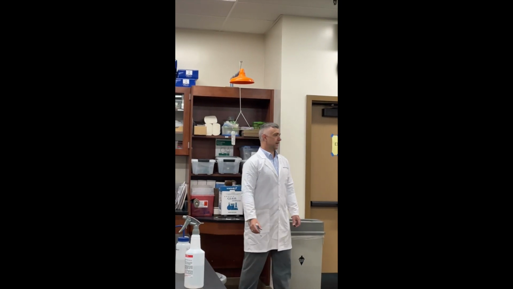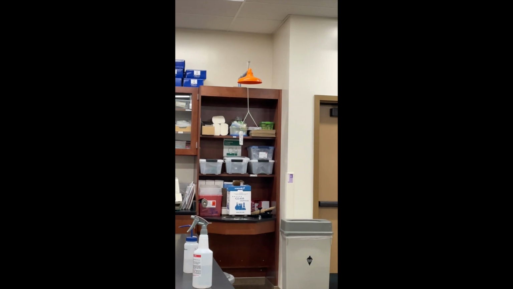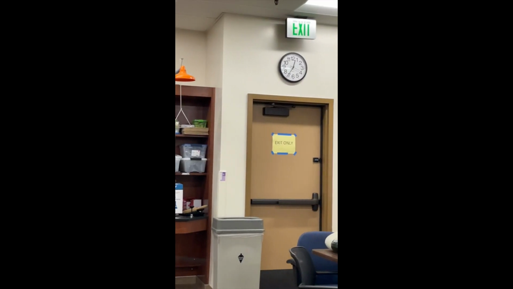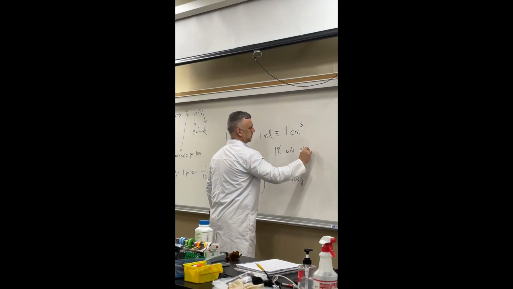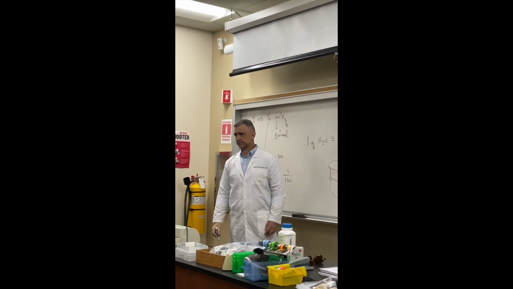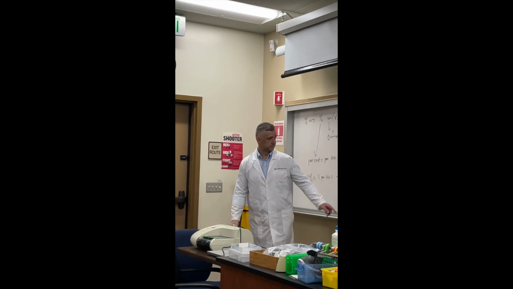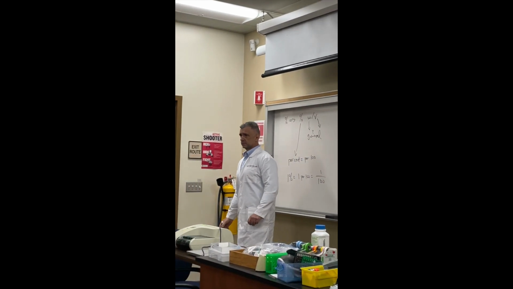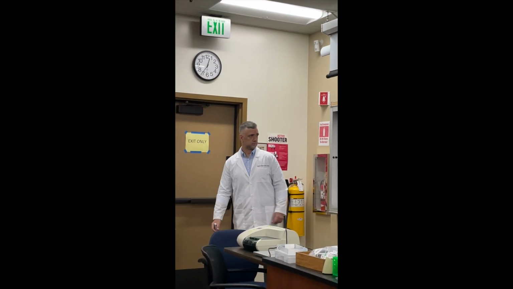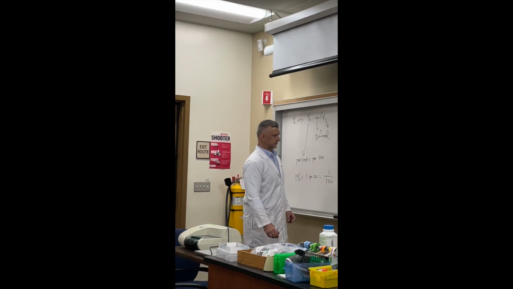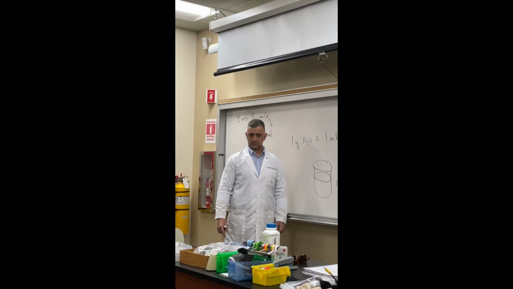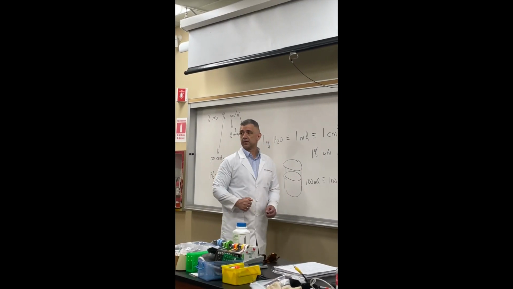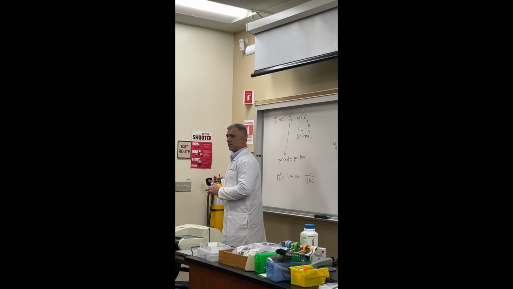Now, let's say you want to make 1% weight per volume sodium chloride, 100 ml solution. All right. That 100 ml solution will have a weight of 100 grams. Sodium chloride is going to be a crystal.